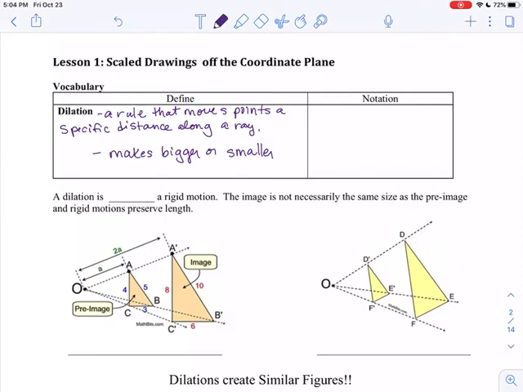Basically, we are making things bigger or smaller. The notation that we use for dilation is a capital D. Lots of times they'll put an O there because you're always going to dilate from the origin. And K right there is my scale factor.